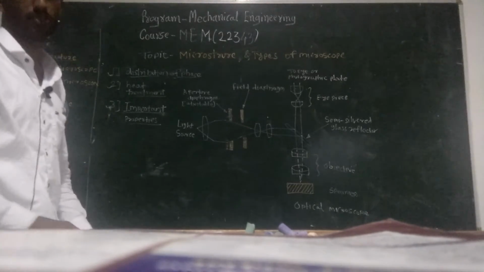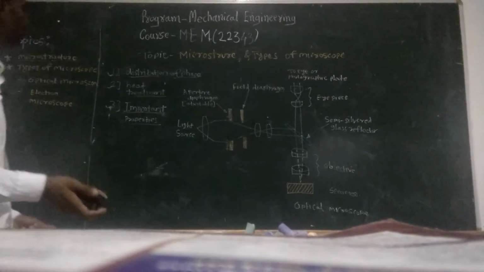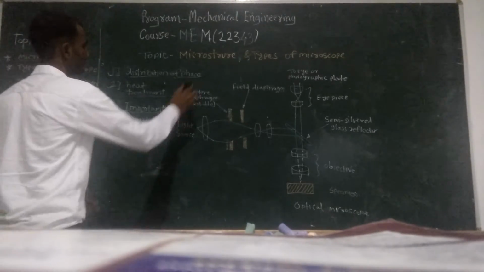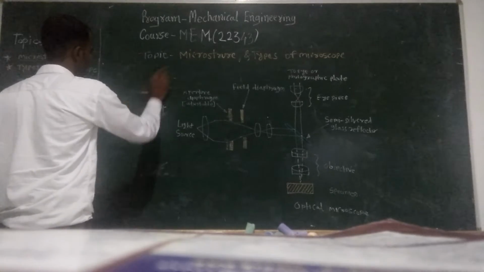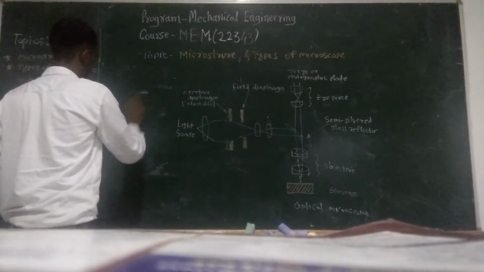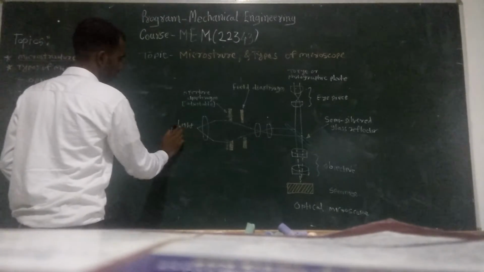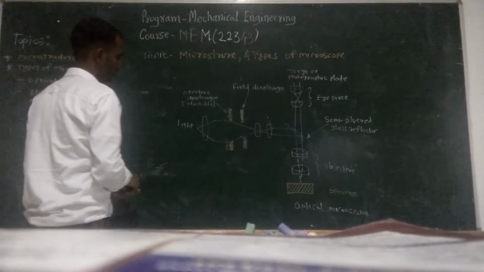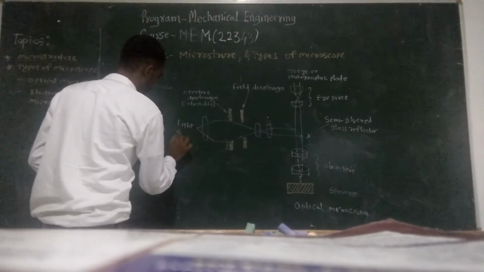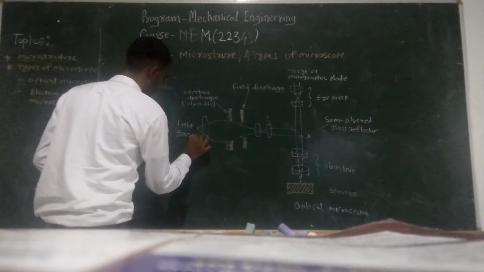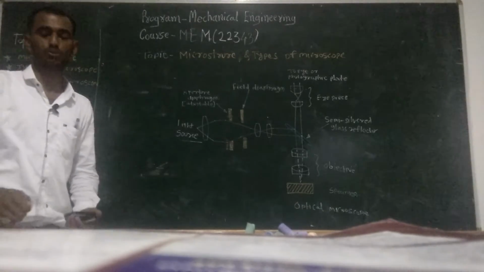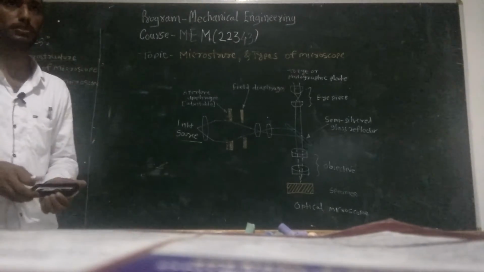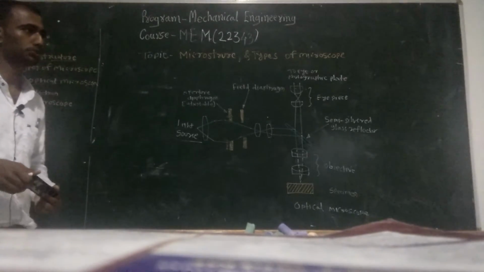Now, in order to study the microstructure of a given alloy or metal, we require some instruments. Okay. Generally, we use an instrument for the study of the microstructure.